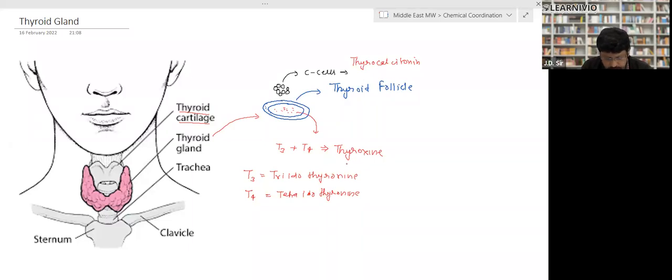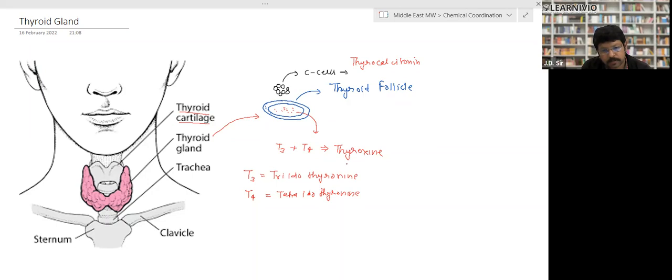It secretes 3 hormones. T3 and T4, which are collectively called thyroxine, are secreted by follicular cells.